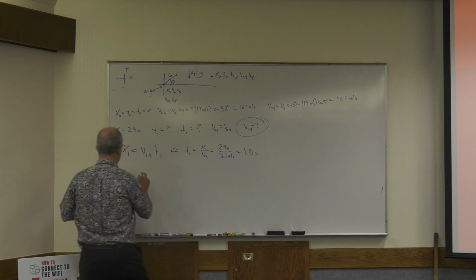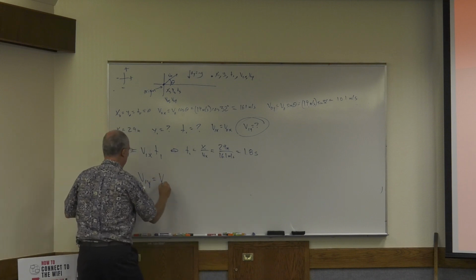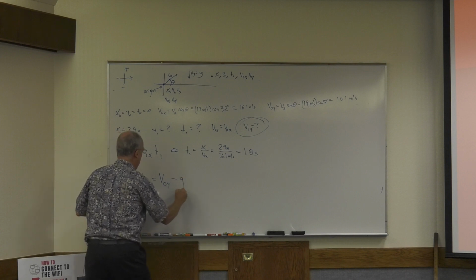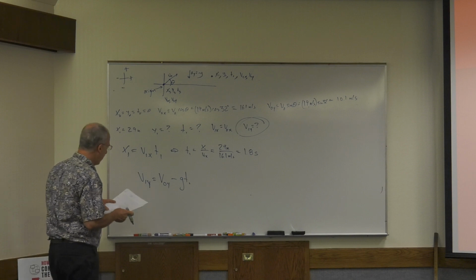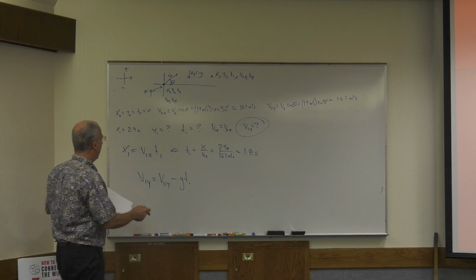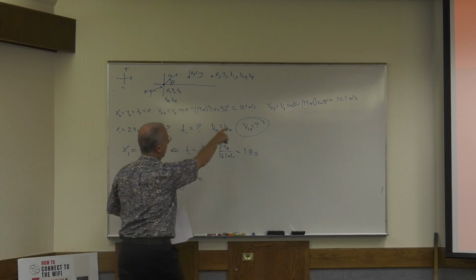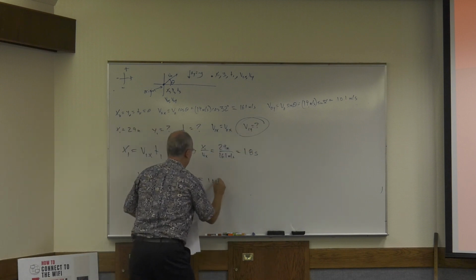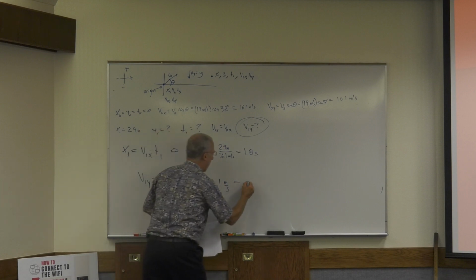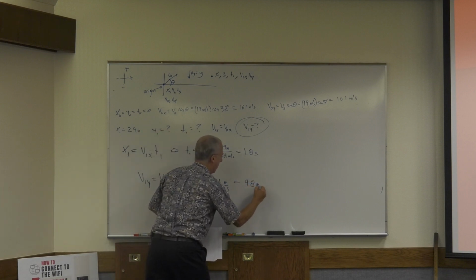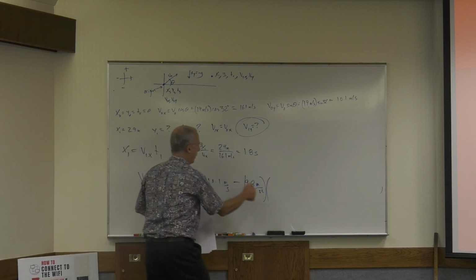Yippee! So now I just use the first one: v1y equals v0y minus gt1. That's the very first equation. Now this is wonderful, because I know everything here. v0y is right there, 10.1 meters per second, minus g, 9.8 meters per second squared, times t1, 1.8 seconds.